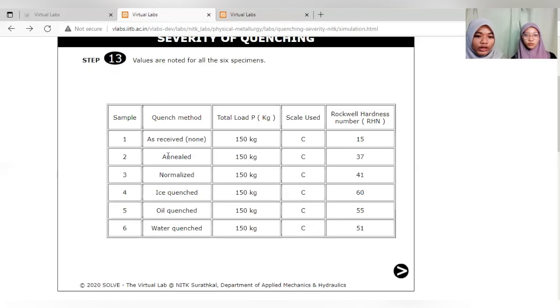Sample 2 is annealed, sample 3 is normalized, sample 4 is ice quench, sample 5 is oil quench, and sample 6 is water quench. The samples have the same total load, which is 150 kg, and the scale used is also the same, which is C, and the Rockwell hardness number is different. Sample 2 is 37, sample 3 is 41, sample 4 is 16, sample 5 is 55, and sample 6 is 51.